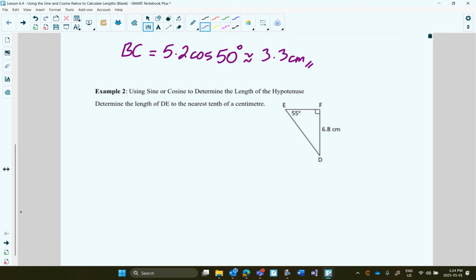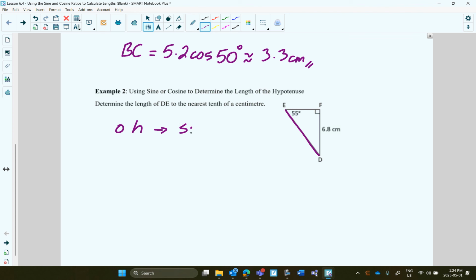This one, we're asked to find DE. Here's our angle, so we don't have to find an angle. What's the name of this side in relation to 55? Opposite, this side? Adjacent? Hypotenuse. Opposite hypotenuse means? Look up top.